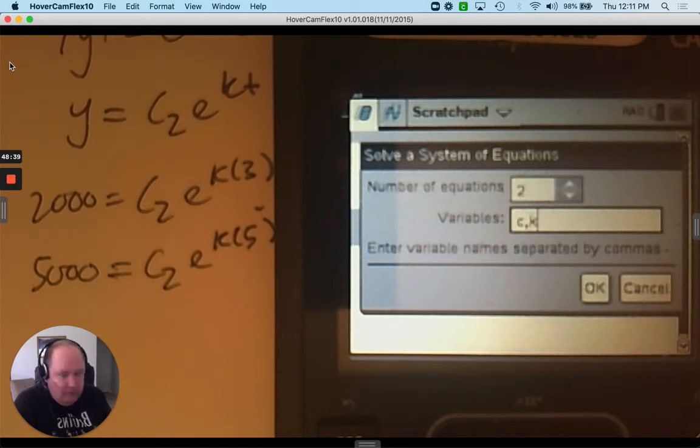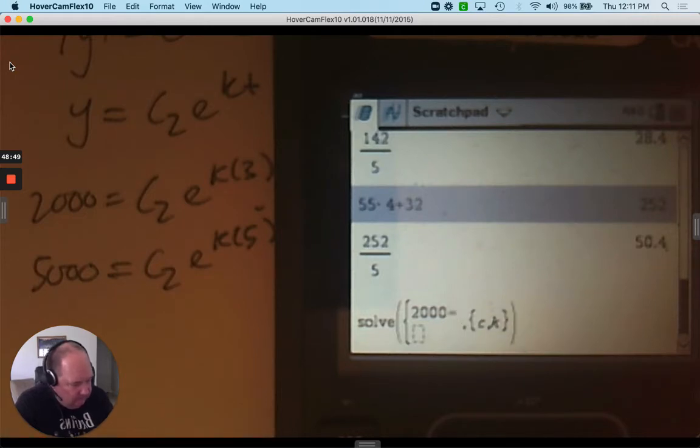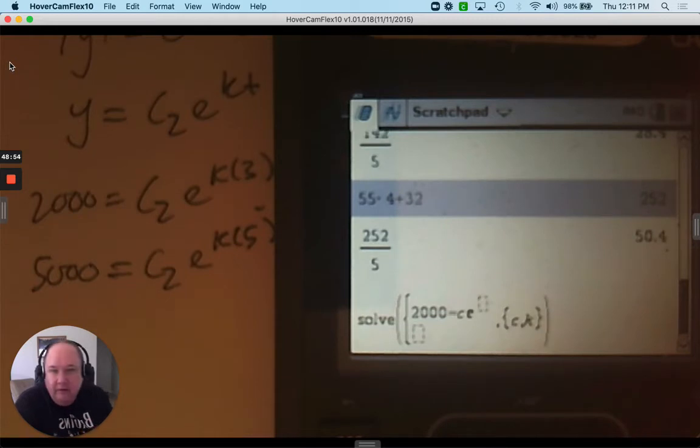And then press OK. So my first equation is 2,000 equals c, and then it's e to the exponent 3k.